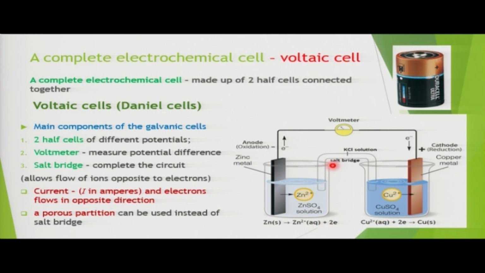And the salt bridge is there to complete the circuit by allowing the ions to flow in the opposite direction of electrons. Electrons are flowing this way, then in this case the sulfate ions will move from copper to the zinc to balance up the charges. And so in that way we get a potential difference.